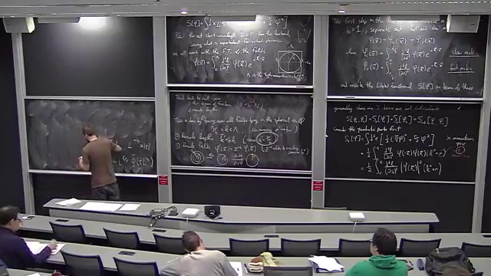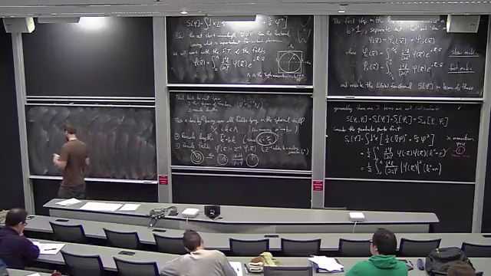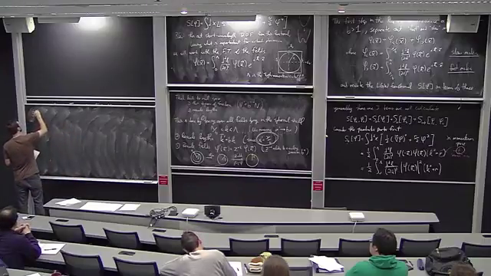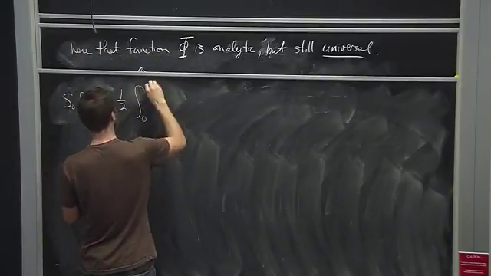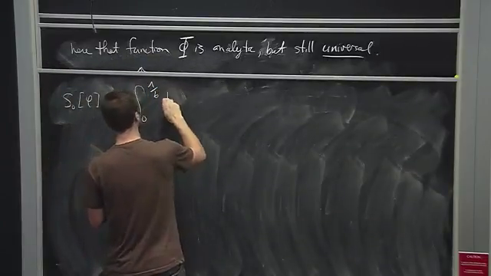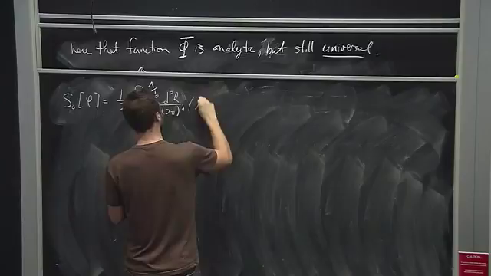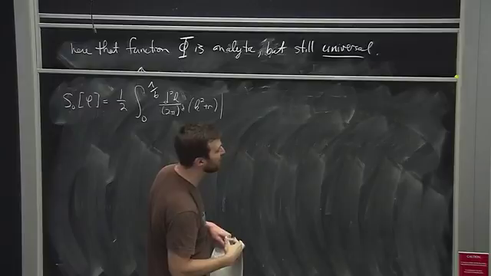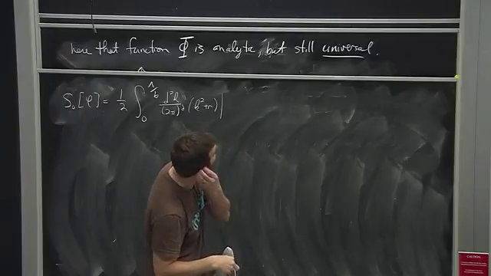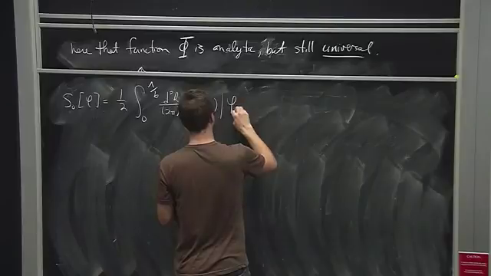Okay, so let's see how these look separated in the slow and fast modes. There's no surprise. I have the inner sphere and the outer shell. And I would just write this term in terms of these two different fields. One's slow and one's fast.